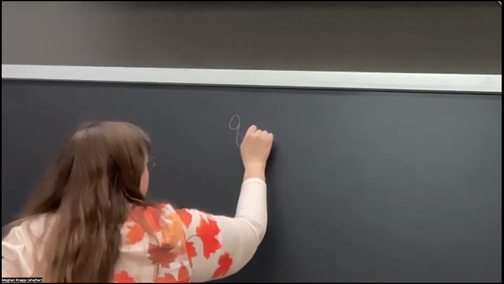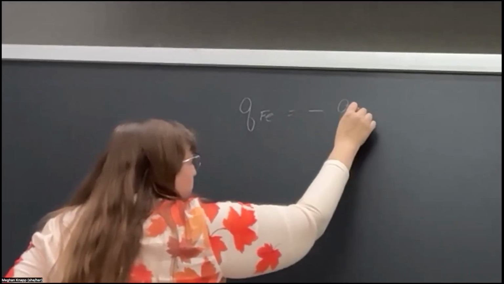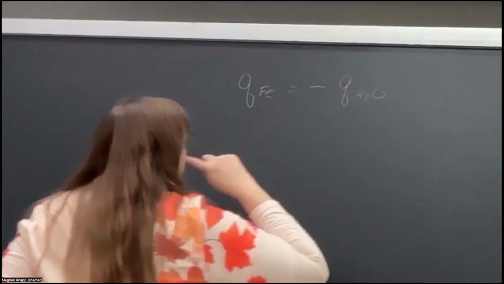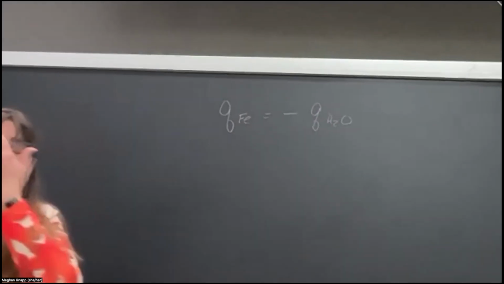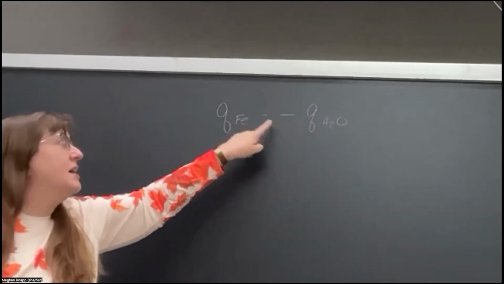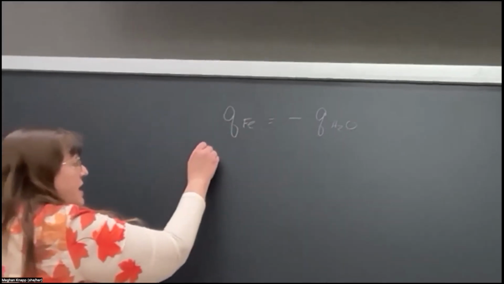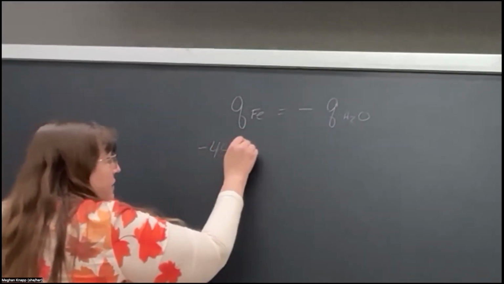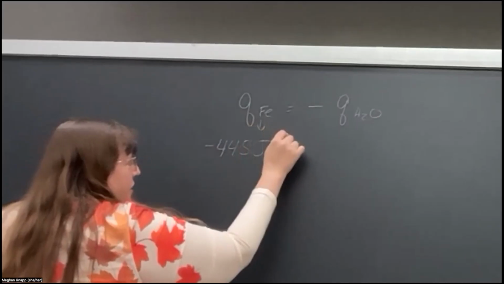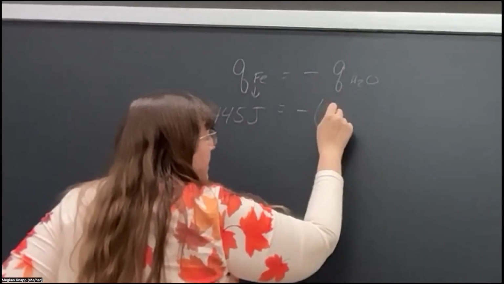We're going to say that Q for the iron is the opposite of Q the water. And this is where people get confused. This doesn't mean it's a negative number. It means whatever the sign of this is, the other is the other sign, okay? So negative 445 joules for the iron is equal to the negative of whatever this is.